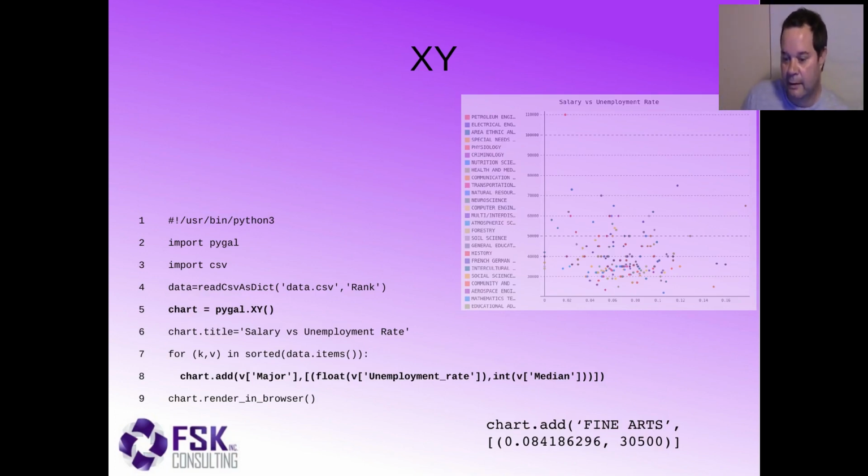That in particular we created in line 5, but you'll notice that when we add our components, we're specifying a label followed by a list of tuples representing X and Y. So that's the subtle difference. You can't necessarily just jump back and forth between all charts, but within different chart families you can basically migrate back and forth.